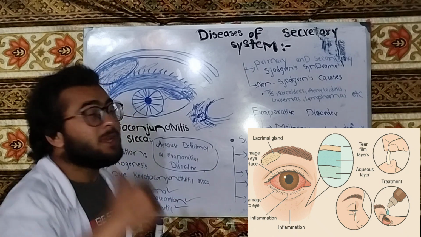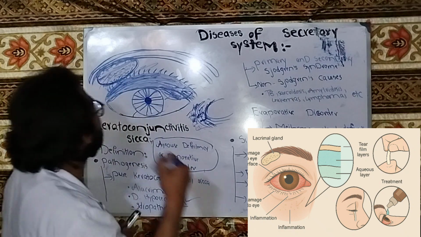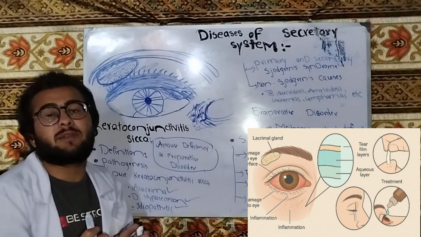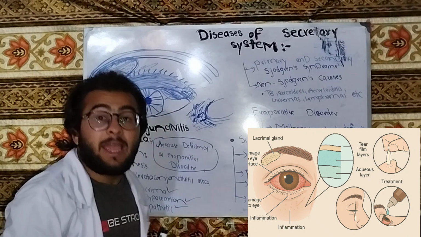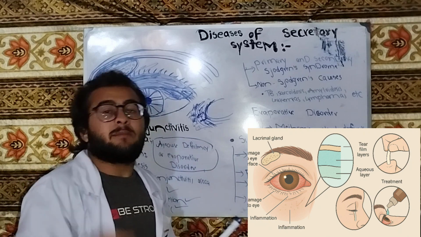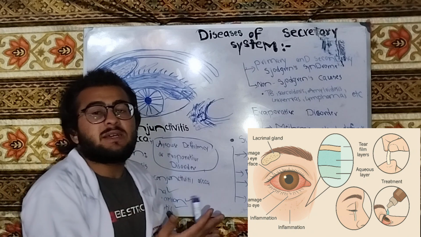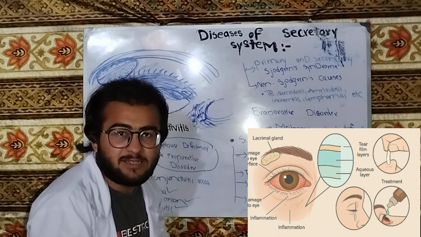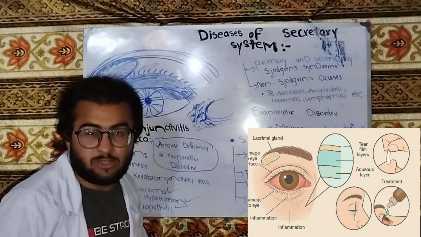In Sjögren syndrome, the lacrimal glands and the salivary glands are affected. In primary Sjögren syndrome, only the salivary gland and the lacrimal gland are affected. In secondary Sjögren syndrome, the lacrimal gland and the salivary gland are both affected, but it is also associated with some systemic autoimmune diseases, for example, SLE and rheumatoid arthritis. So when it is associated with systemic manifestation, it is called secondary Sjögren syndrome.